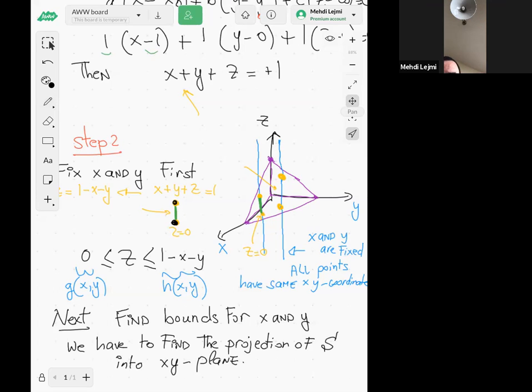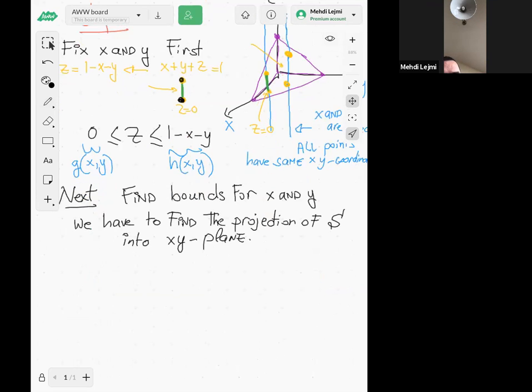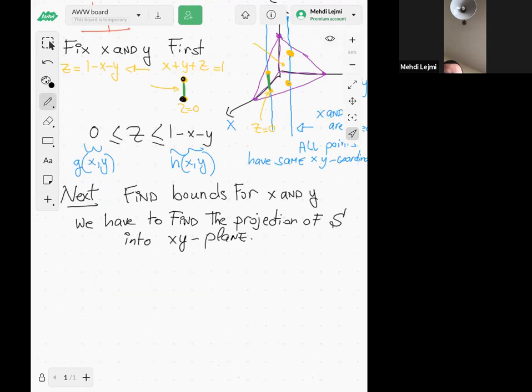There are different ways to do it. Geometrically, this is your y, this is x, this is z, and you have your tetrahedron.